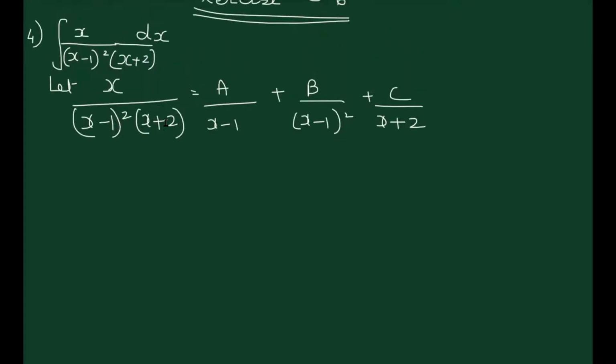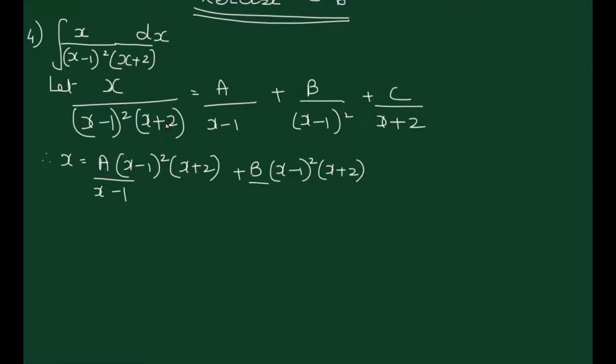Now after writing this, we cross multiply. From the LHS we take the denominator and cross multiply like this. Therefore we get x is equal to a into (x minus 1) square into (x plus 2) upon (x minus 1). Same thing we do for b, and plus c also the same thing.